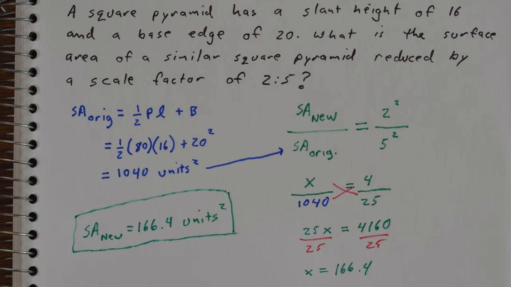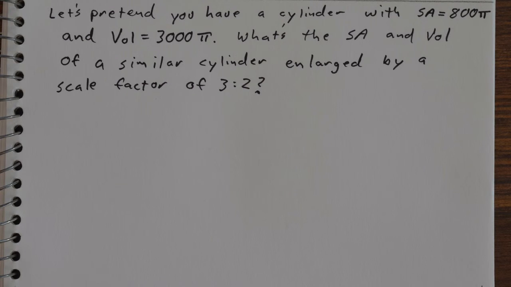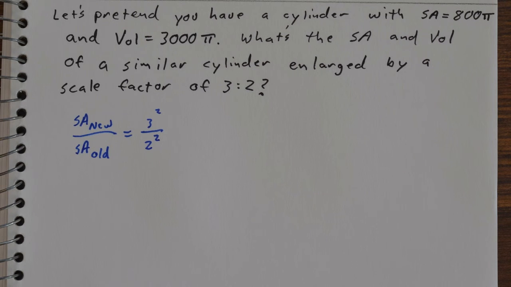Let's take a look at one more example. So let's say we have a cylinder with a surface area of 800 pi and a volume of 3,000 pi cubic units. What would happen to the surface area and volume of a similar cylinder if we enlarged by a scale factor of 3 to 2? So this is again a proportions problem. We know new over old will follow our scale factor.